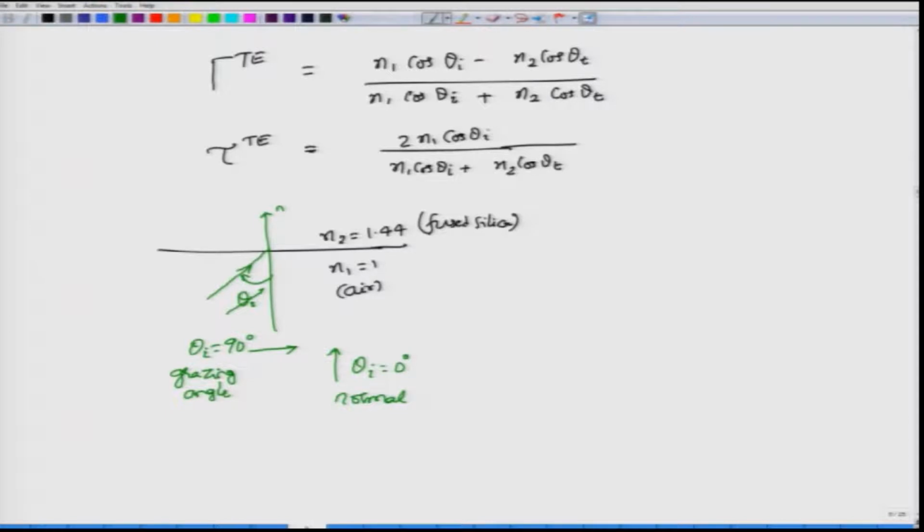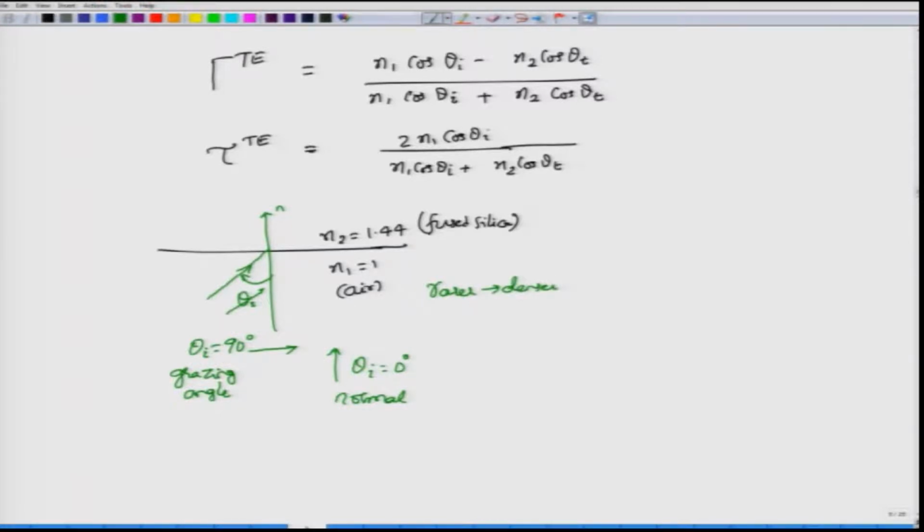Of course, theta I being greater than 90 degrees does not really make any sense, because making theta I greater than 90 degrees is mathematically possible, but physically it means that you have interchanged what is incident and what is the reflected or refracted medium. So, the range of theta I is 0 to 90 degrees. Now, this is a case which we normally call optically rarer to denser medium reflection or refraction.